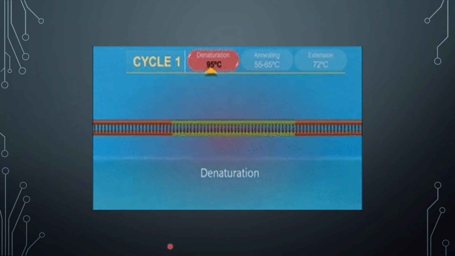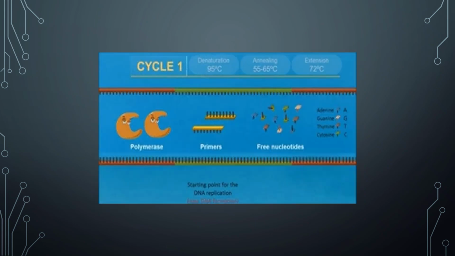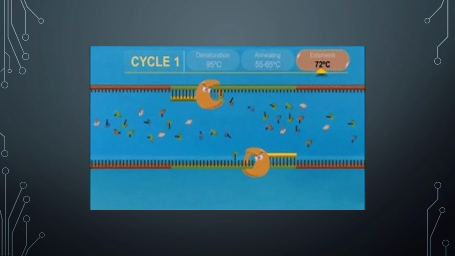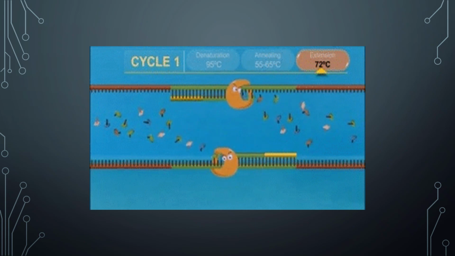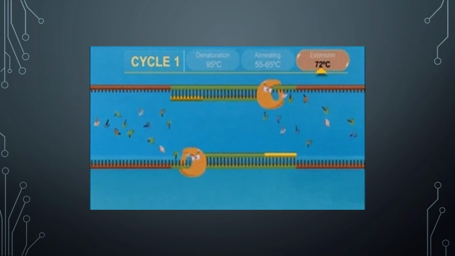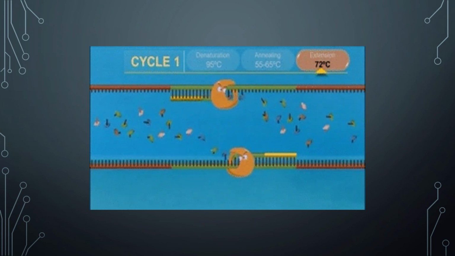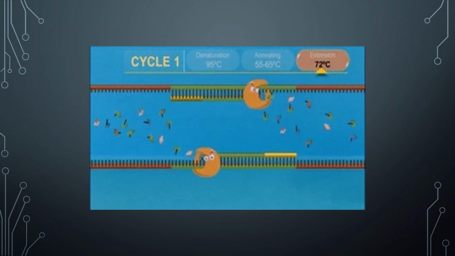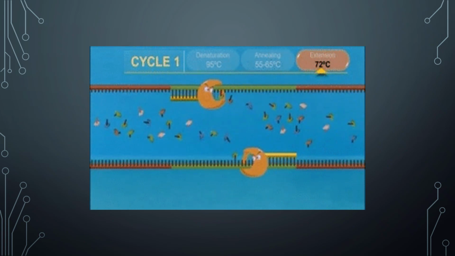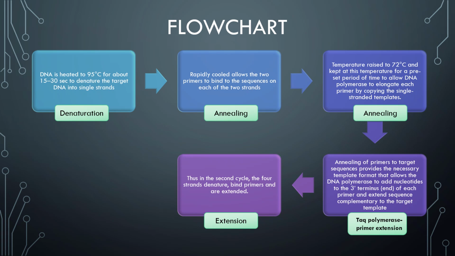Now the denaturation has occurred. Now we'll add the primers, the free nucleotides or dNTPs, and the polymerase. Now can you see the extension, how the Taq polymerase is making the strands? Yes, at 72. I hope you understood now.